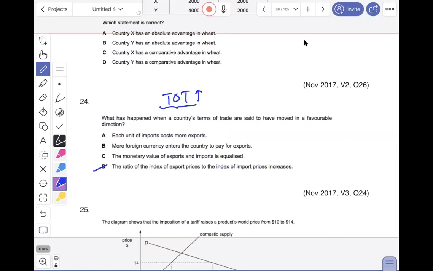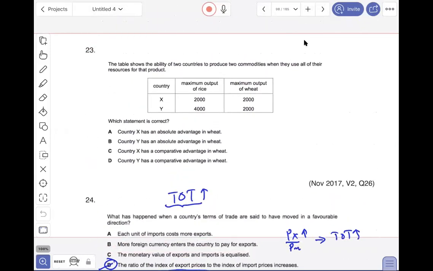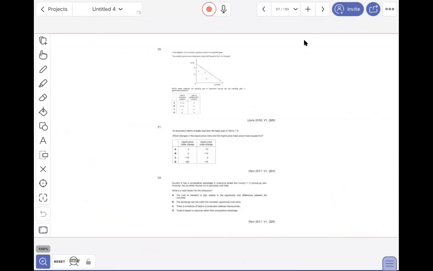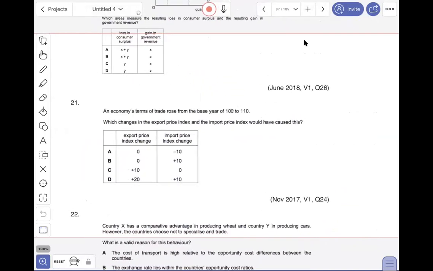The ratio of index of export prices, PX over PM, must be going up. So D is the right answer, because a ratio of export prices to import prices is going up, which means PX over PM is going up, and that could be leading terms of trade to go up. Does that make sense, guys? Are we good? So D is the right answer, which is why? Because terms of trade is the ratio of export prices to import prices. Okay.